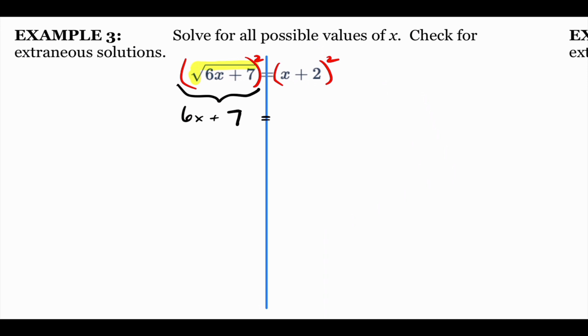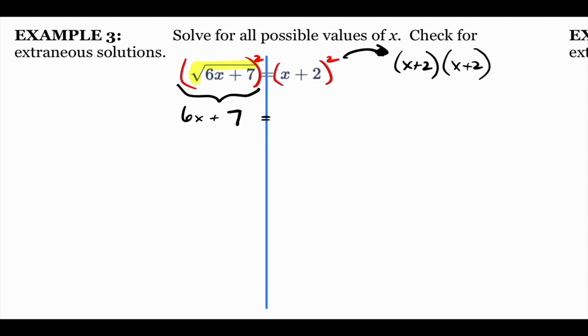Now the other side, it's not just 2, it's x plus 2 squared. We've actually done this before. It's x plus 2 squared. So in other words, it's x plus 2 times x plus 2. That's what that means, right?